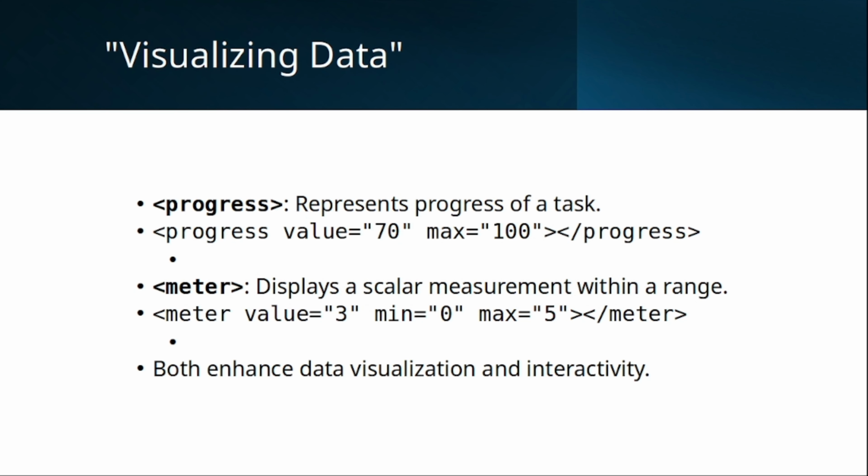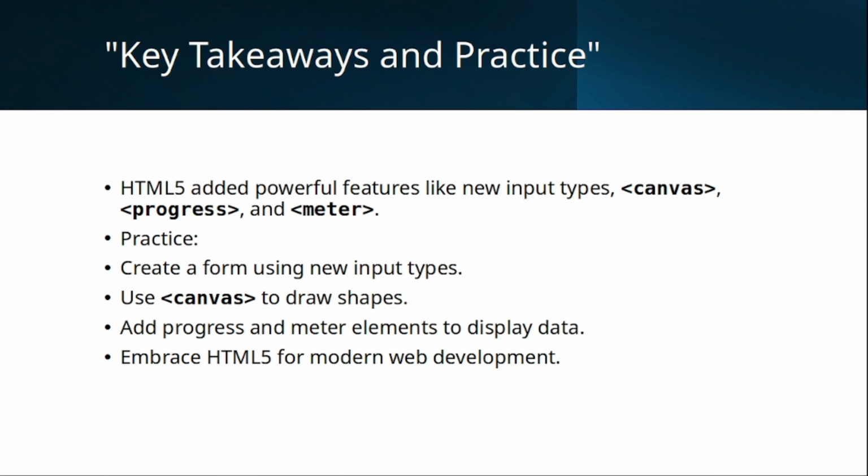So we'll go back to our slide and I will tell some takeaways, and you have to practice at home. We have learned about some essential tags in HTML5, which are powerful features like canvas, new input attributes, and progress and meter.